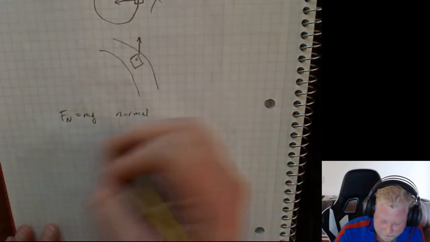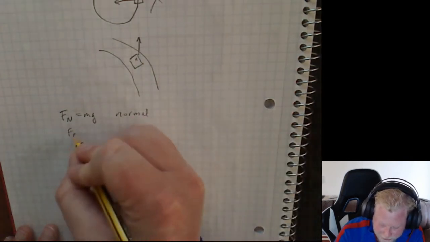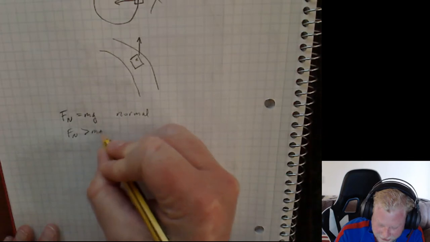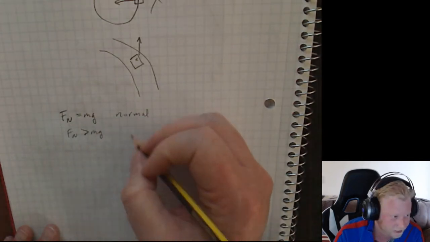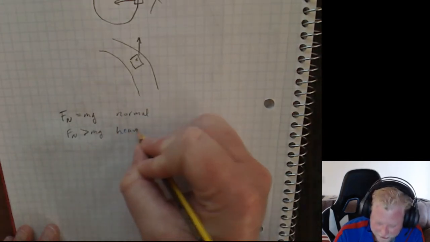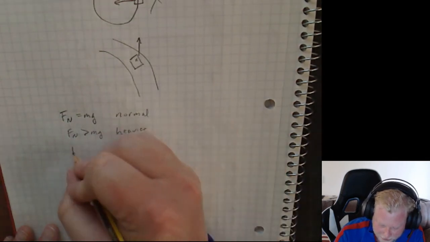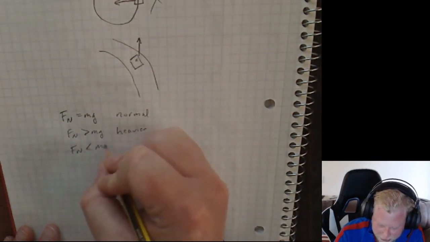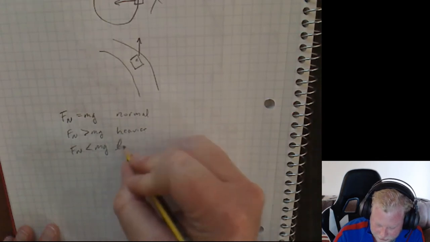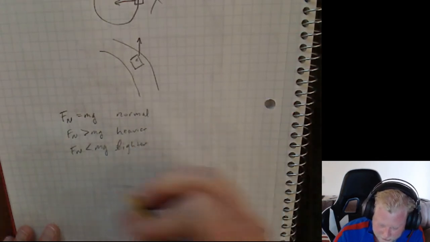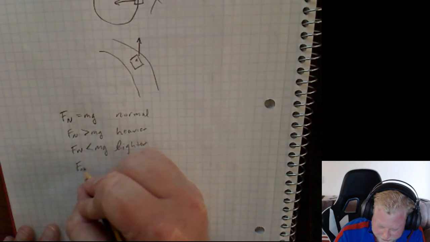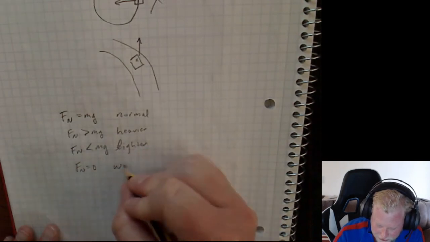You feel your true weight. But if the normal force was greater than your actual weight, then you feel heavier. And if the normal force is less than your true weight, well, you feel lighter. Now, if the normal force is 0, you feel weightless.